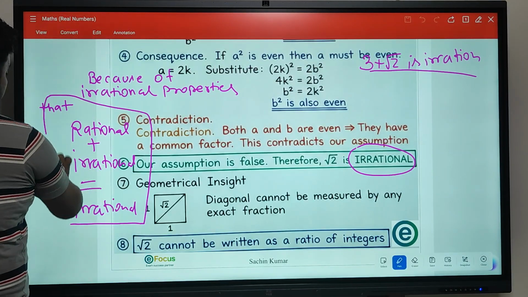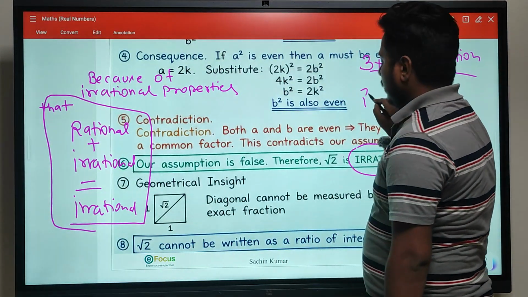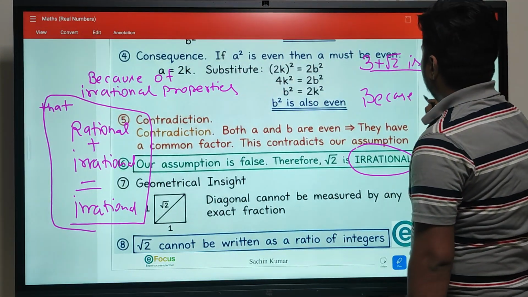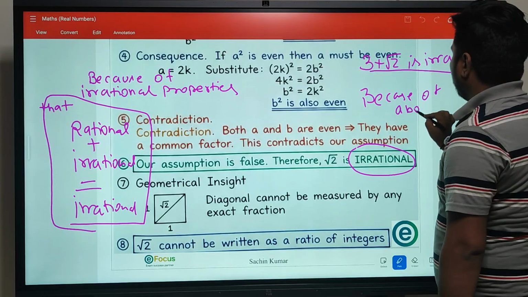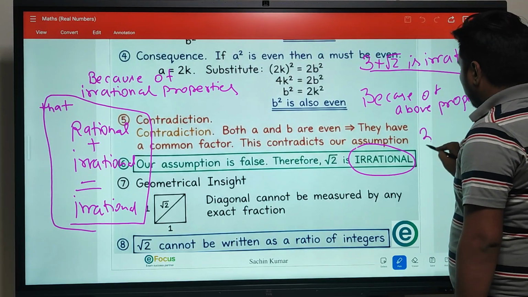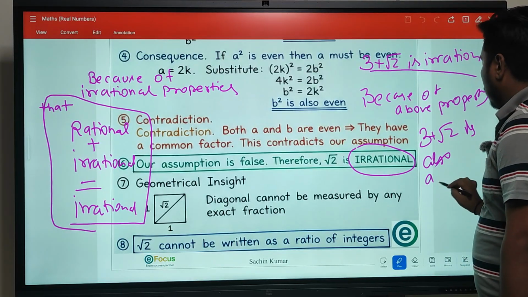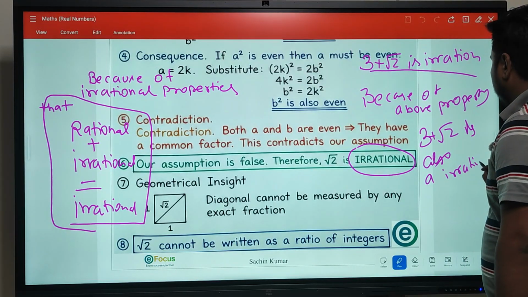You write this in a box, and then you write that because of the above property, 3 plus root 2 is also an irrational number.